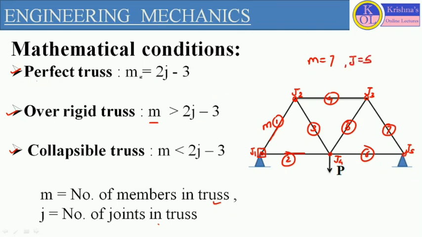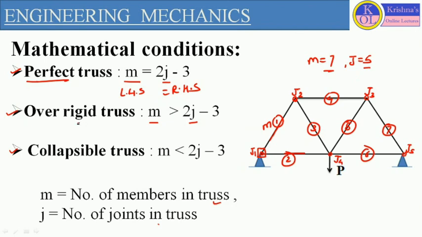With the help of the equation, in place of m we put 7 and in place of j we put 5, and if LHS equals RHS, in that condition the truss is defined as a perfect truss. Similarly, we define an over rigid truss if the value of m is greater than 2j minus 3, putting j equals 5 here.